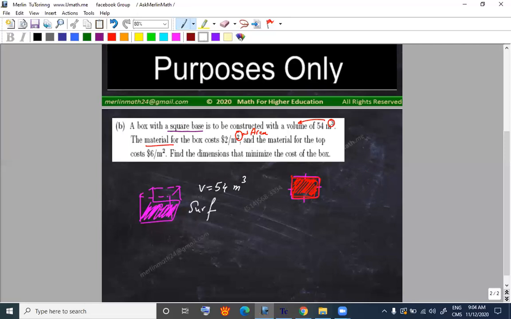We talked last time that when we have an area in 3 dimensions, we say surface area. Imagine you have a ball. The volume is the inner space, but when you touch the ball from the outer part, we call it the surface area.